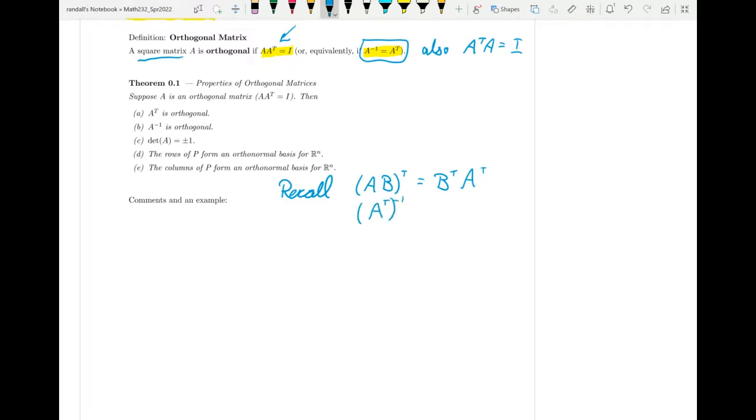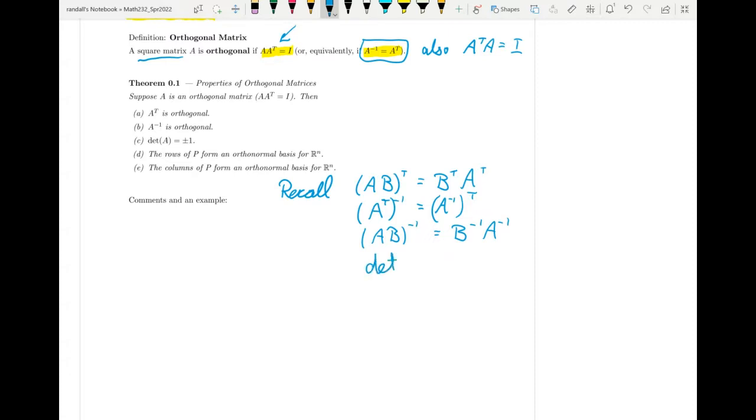If I take the inverse of the transpose of a matrix, it's the same as taking the transpose of the inverse. You see how that switched those two superscripts? We also want to remind ourselves how inverses work with products. The inverse of a product of two invertible matrices is the product of their inverses, but in the opposite order, just like we did when we took the transpose.